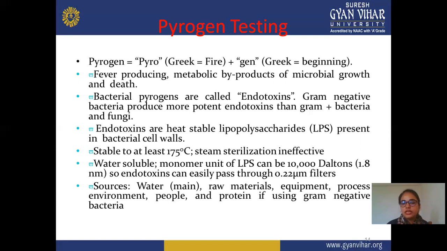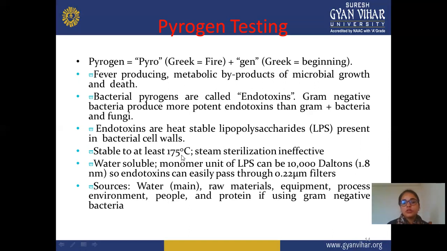And endotoxins are heat-stable lipopolysaccharides, that is LPS, present in the bacterial cell wall, and stable to at least 175 degrees Celsius. Steam sterilization is not effective. Hence, it does not get killed easily, and it requires a very high temperature, up to at least 175 degrees Celsius. Under this condition, there may be chances that the high temperature affects or degrades your formulation.